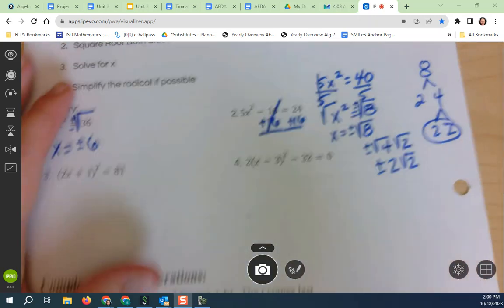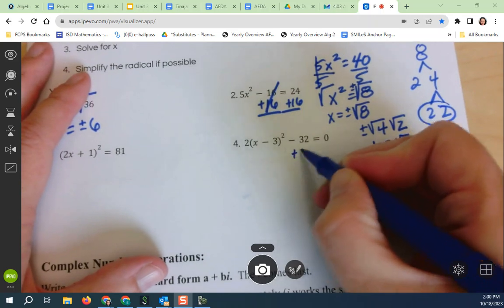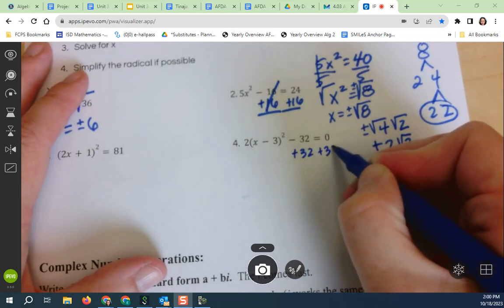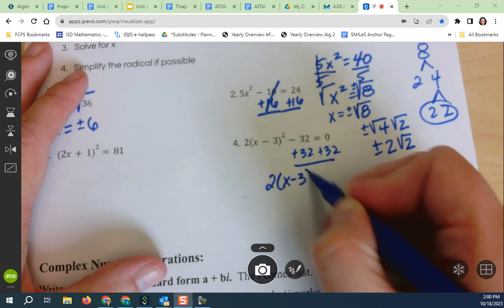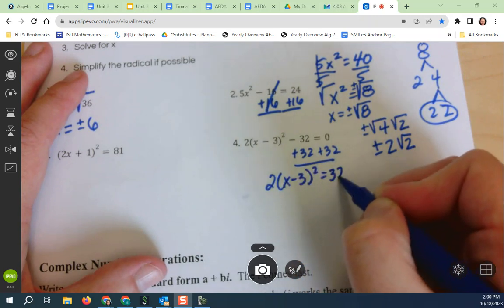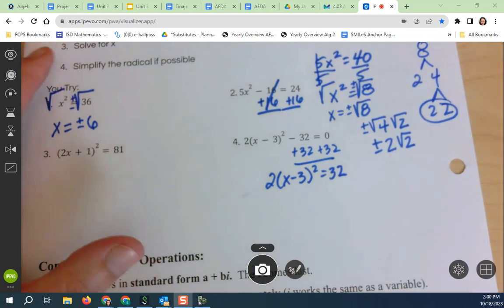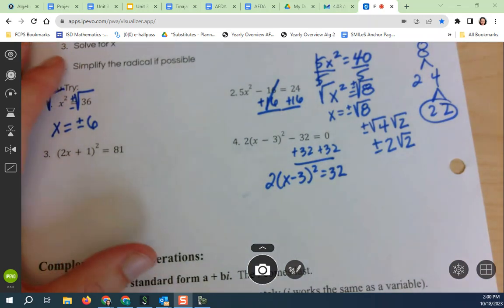Number 4, we're going to get rid of the minus 32 with a plus 32. So I have 2 times x minus 3 squared equals 32. Then how do we get rid of times 2? Divide, yep.